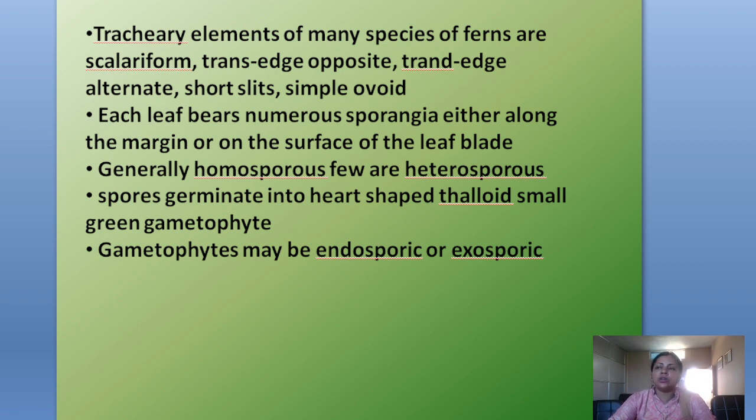You can only see dichotomous branching, a very simple protostelic type of stele, and a very thick walled sporangium, and the spores are all homosporous. The sporangium development is eusporangiate type, and they don't develop any roots, rather they develop rhizoids.